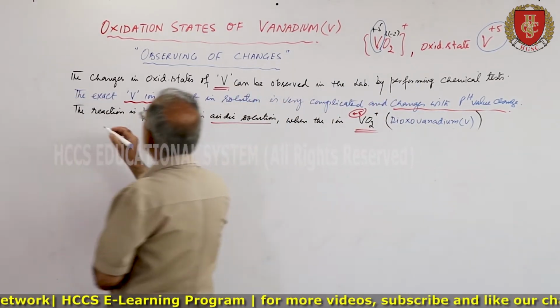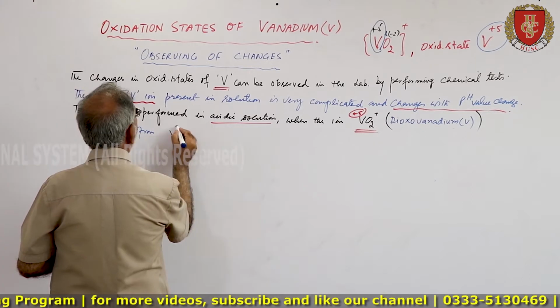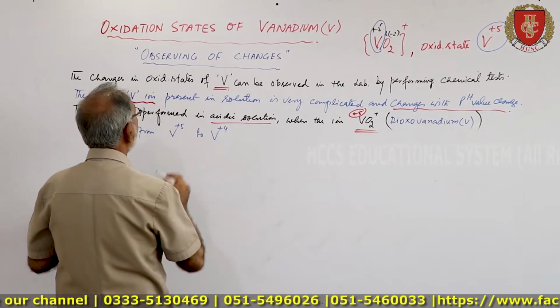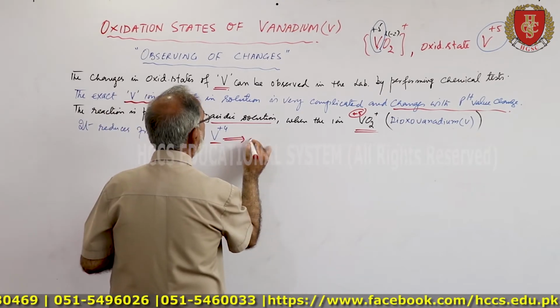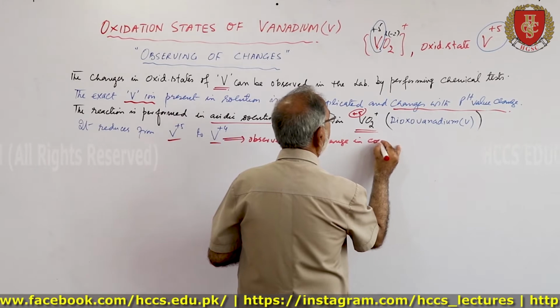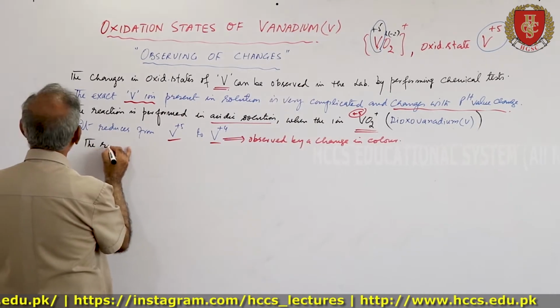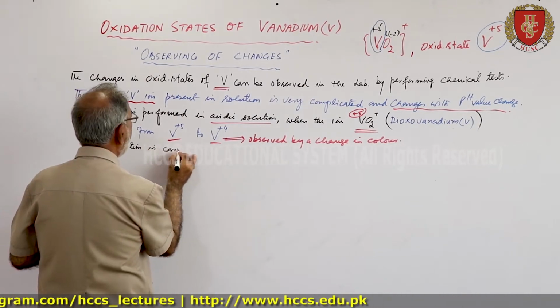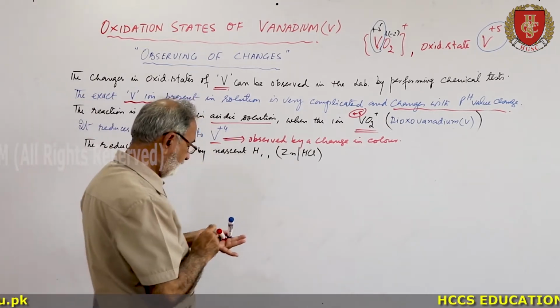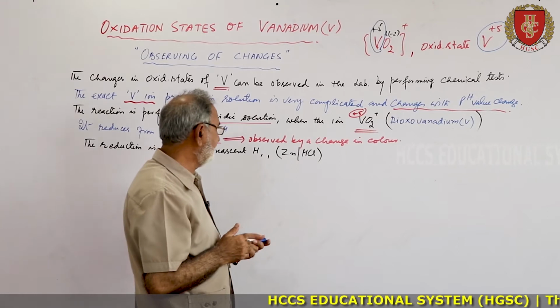It reduces from V+5 to V+4, observed by a change in color. The reduction is carried out by nascent hydrogen, which is produced when zinc is treated with HCl.